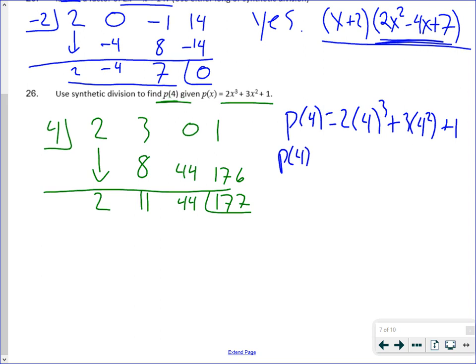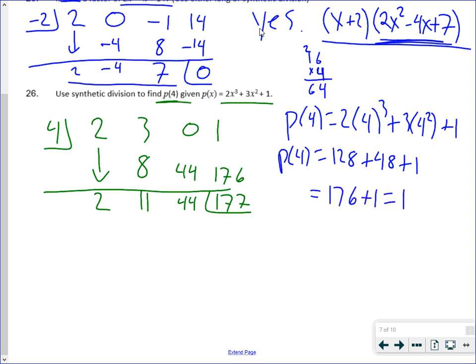So when we do that, 4 cubed is 16 times 4, which is 64. 64 times 2 is 128. 4 squared is 16. 16 times 3 is 48. Plus 1. 128 plus 48 is 176.